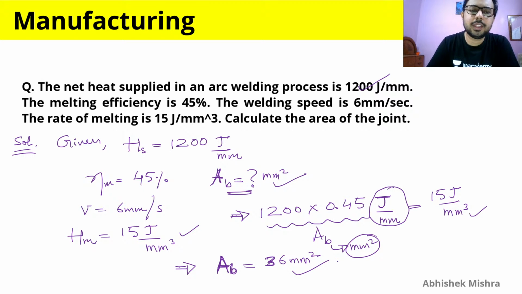We have been provided with the heat supplied, and we multiply it with the melting efficiency to get the required amount of heat for melting, which we get in joule per mm, and therefore we divide it by area so that our unit becomes joule per mm cube. After that we just equate it to the given rate of melting, and the area of the weld bead can be calculated from there, and it is 36 mm square.